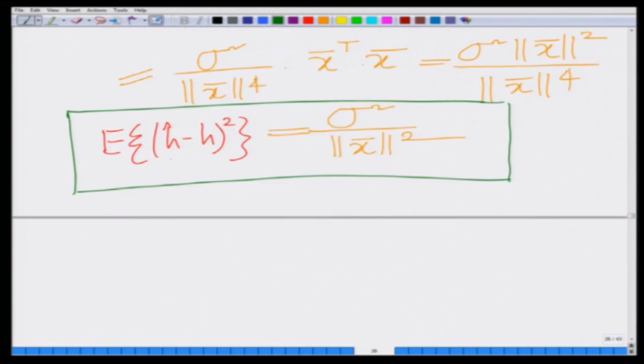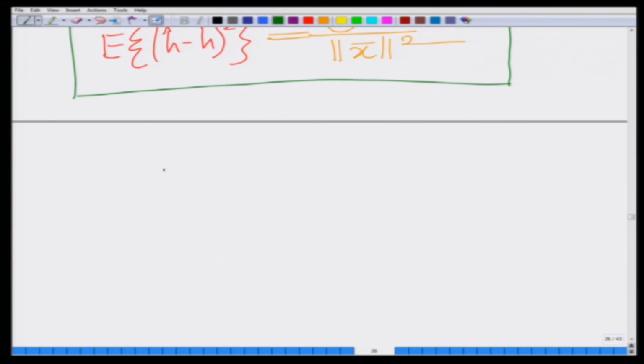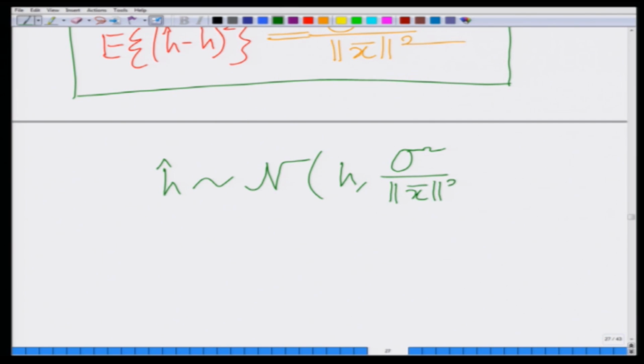We have shown that the mean of H hat is H. So, it follows that H hat is indeed Gaussian with mean H and variance sigma square divided by norm x bar square.